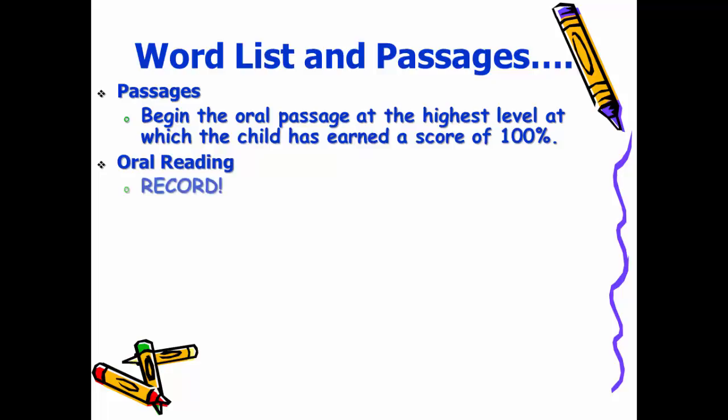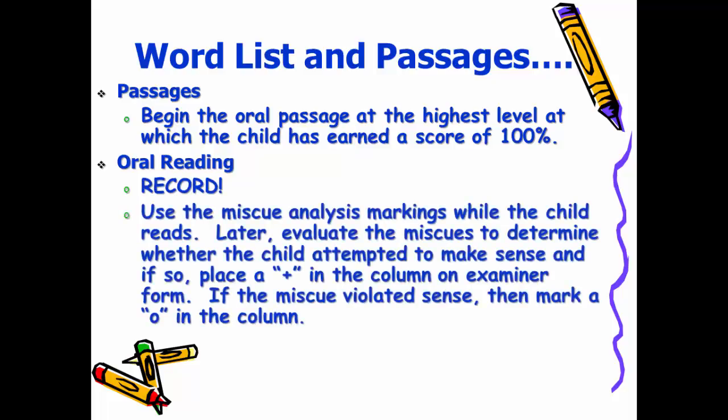What about oral reading? Folks, record. In fact, you should record the entire assessment. Now, as the child is doing the oral reading task, you have in front of you the examiner form, and you use your miscue analysis markings to go through and code each of the miscues made.